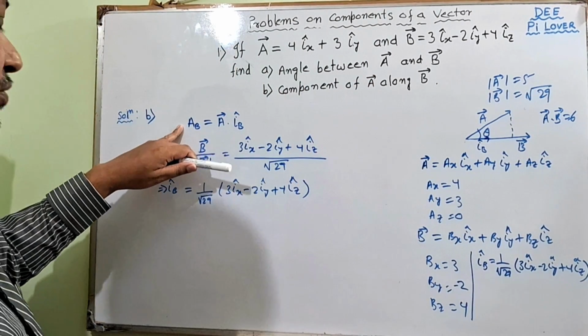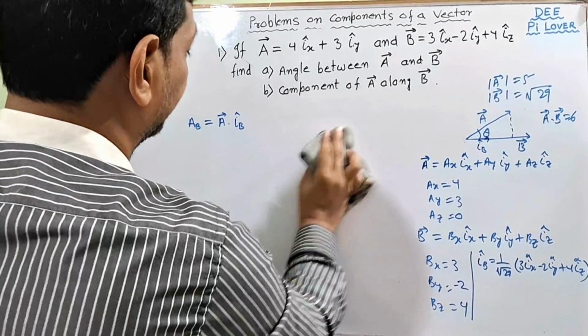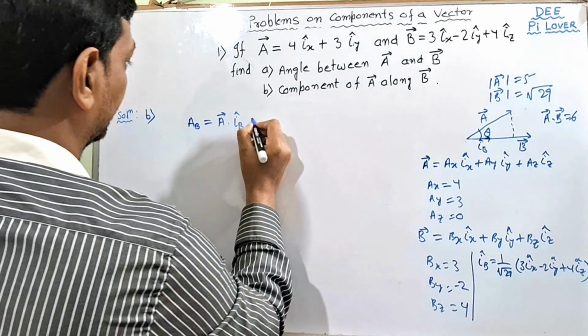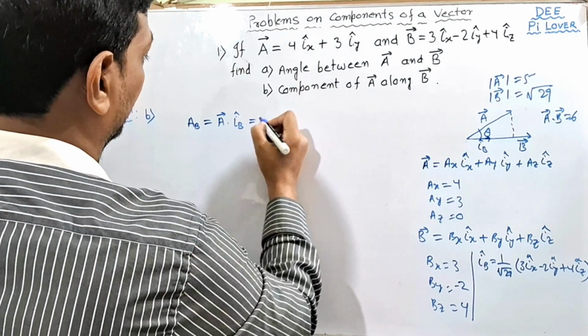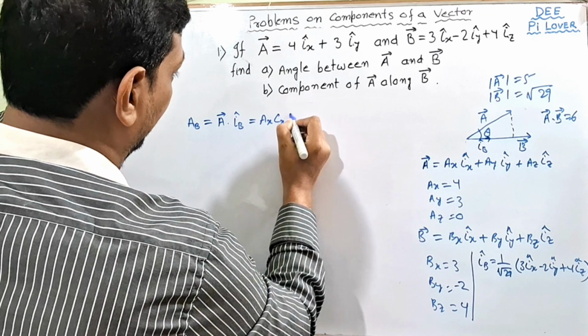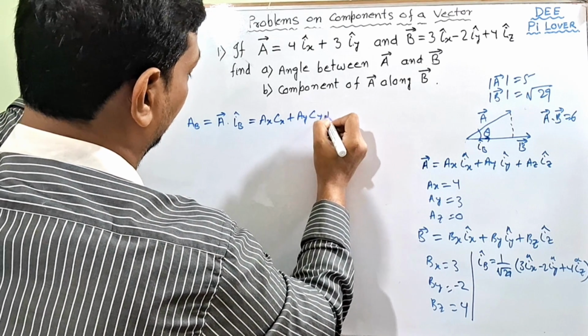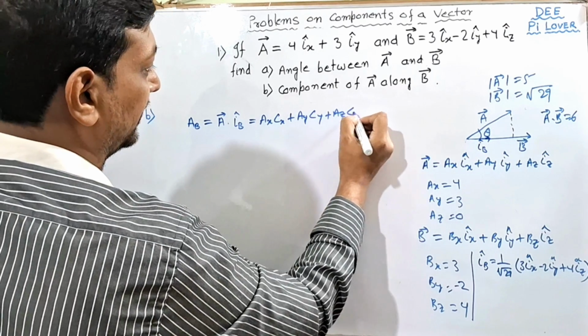Now we will calculate this scalar component AB equal to simply AX CX plus AY CY plus AZ CZ.